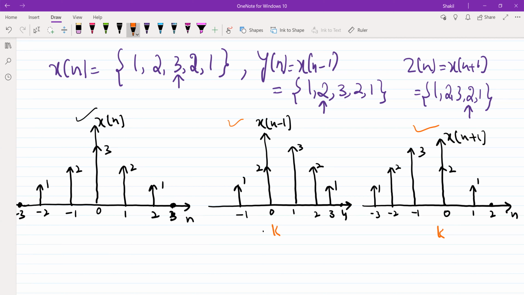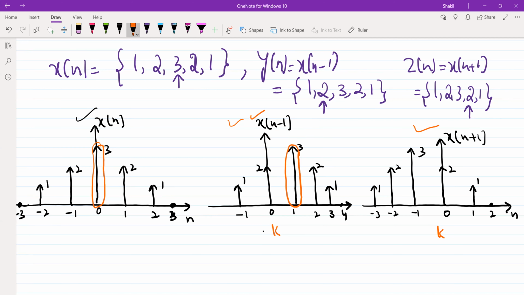All right, so let me first compare x of n. Check the value of x of n at n equal to 0. See, the value of the sequence at n equal to 0 is 3. That's this much. The same sample point arrives in x of n minus 1 when n is equal to 1. So in other words, this sample comes later in x of n minus 1.